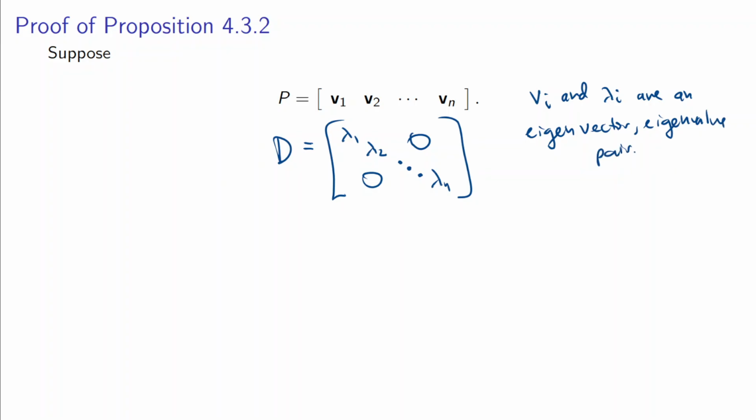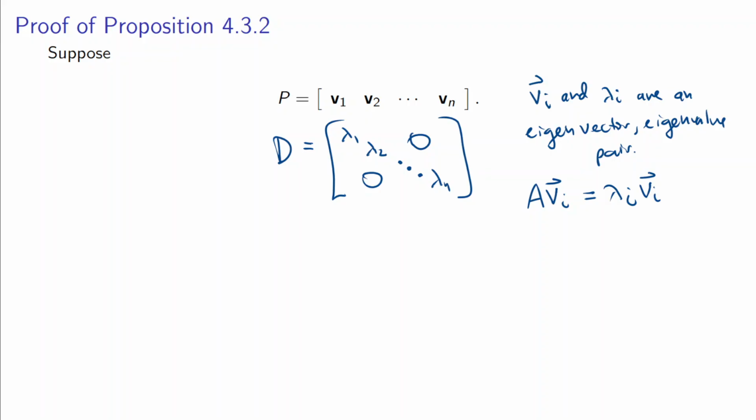Okay, and just to remind you what that means: A V sub i equals lambda i V sub i. That's the key there.